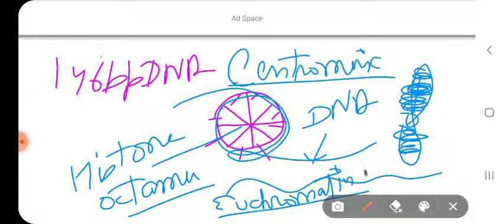So if the genes are placed close to the heterochromatin region, what will happen? Heterochromatin region does not express. So the expression of the gene will be hampered, and it shows a diverse phenotype, right? Now this is a result of the gene being silenced. The gene becomes silenced, it will express very lowly in the heterochromatic region.